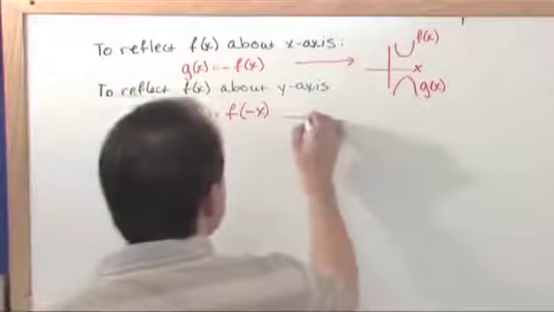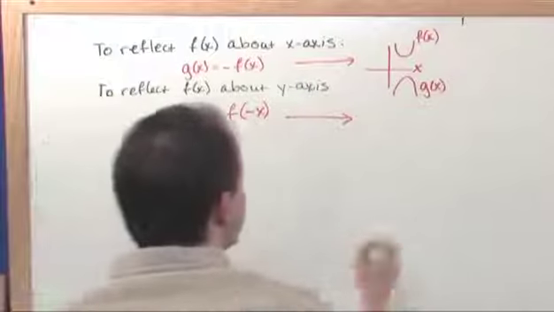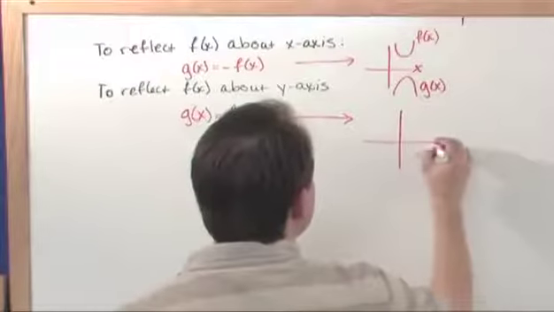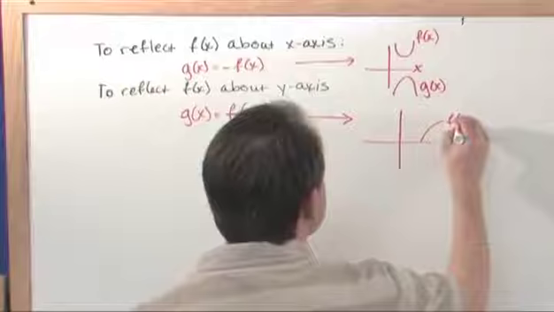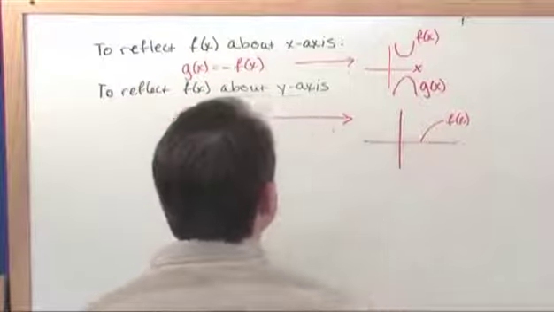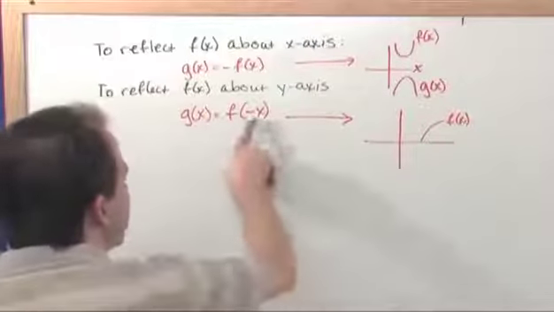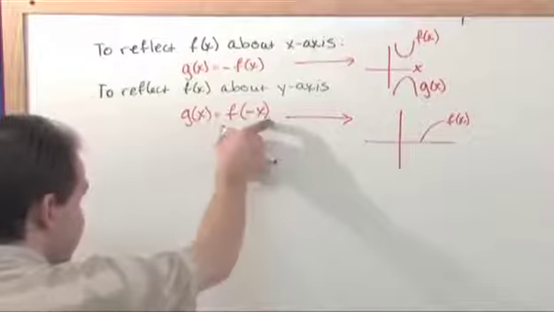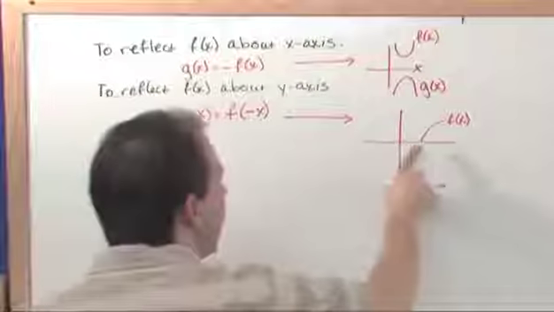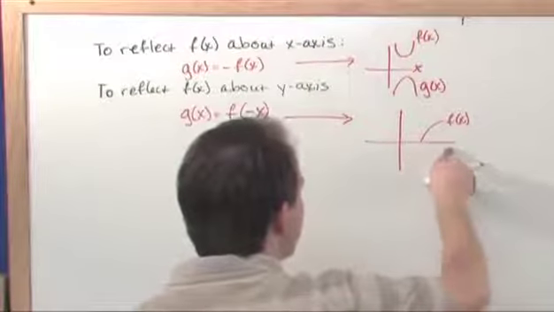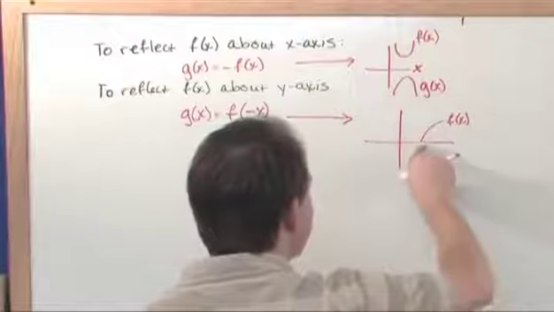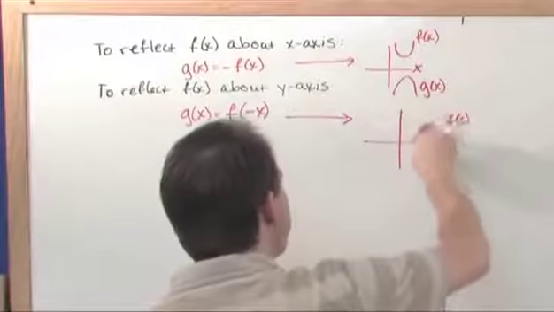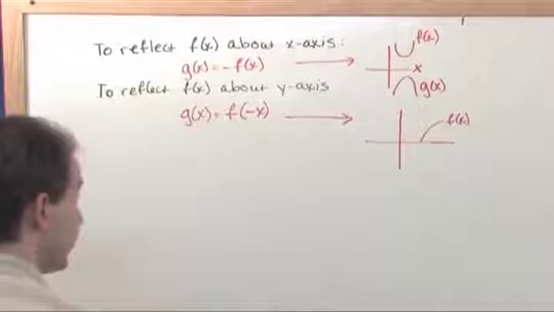And the reason this works is because if you were to take, let's say this was your function over here, f of x, okay? Think about what you'd be doing. If you took the function f of x, and these are the values of x that go in here, and then here are the values of f of x corresponding to those values, okay?